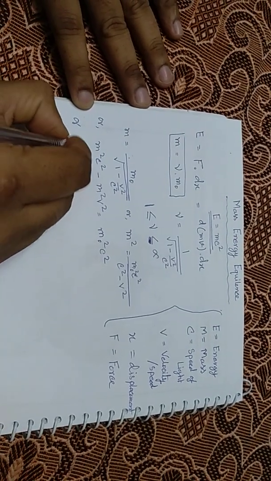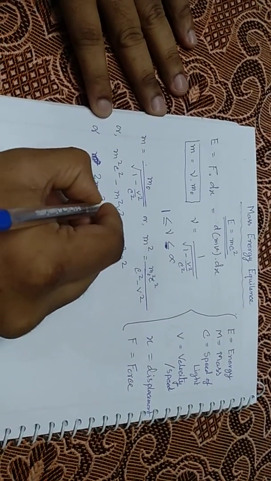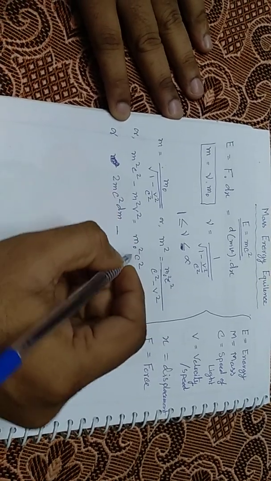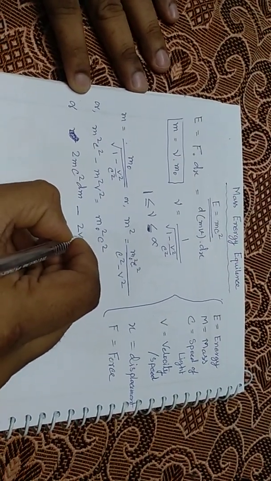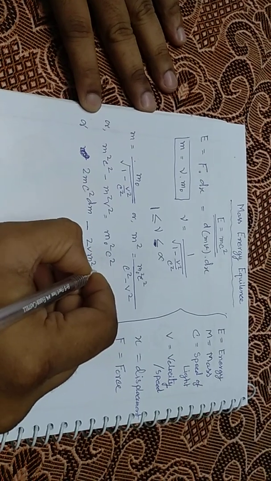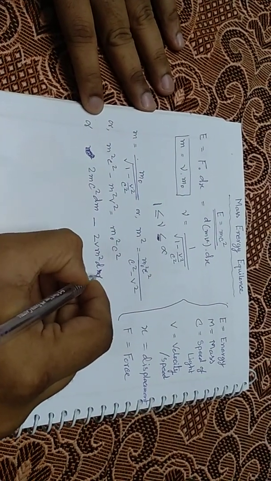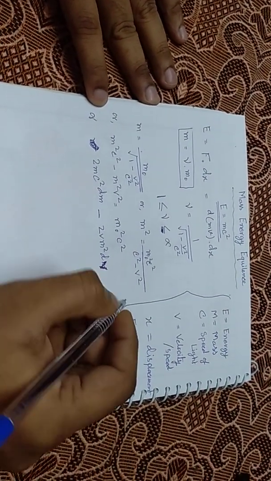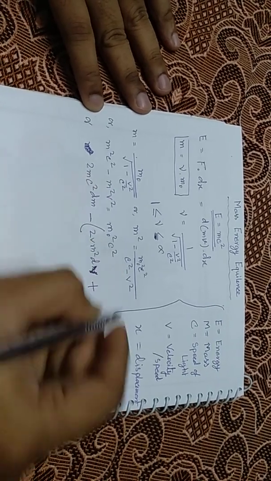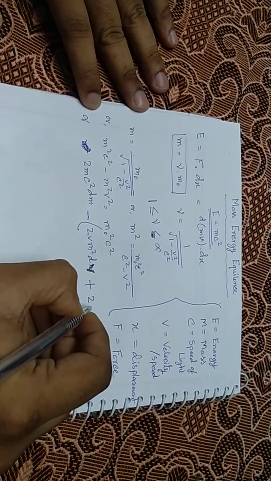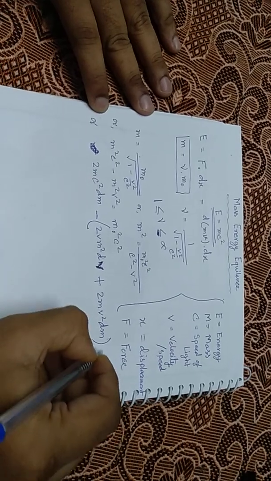2m c square dm minus 2 m square v dv, and if I take the minus as common, this will become plus 2m v square dm, that is equal to the derivative of m0 square c square.